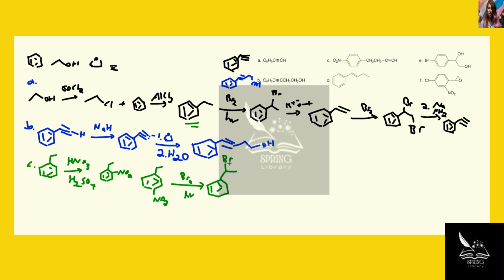So now I brominated this position, and then I can use a strong base such as potassium tert-butoxide to make my alkene. And now I can use HBr and ROOR to do anti-Markovnikov addition, if you guys remember.